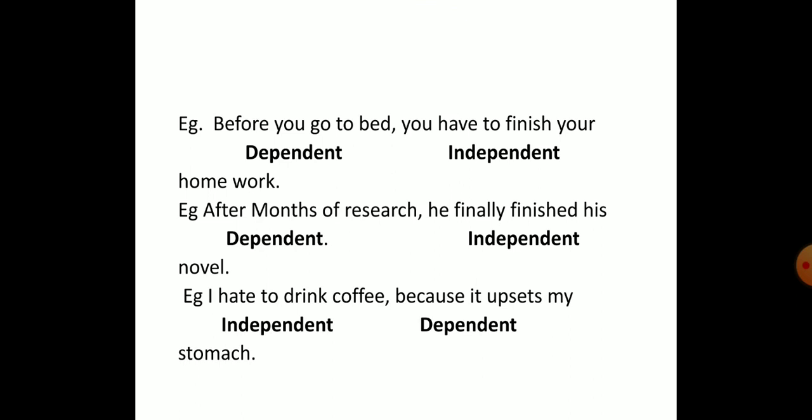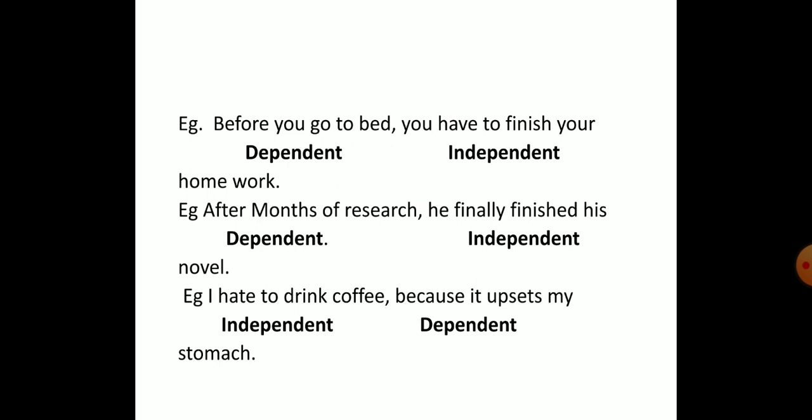Here, "before you go to bed" cannot be used alone as it won't convey any meaning, so it is a dependent clause. Whereas "you have to finish your homework" is an independent clause as it can be used alone. Combining them both gives a complete meaning to the sentence.